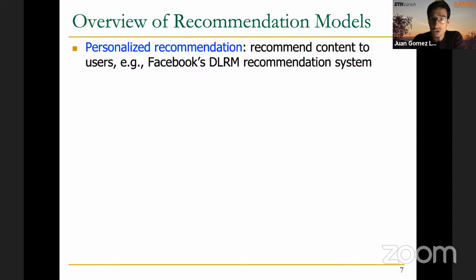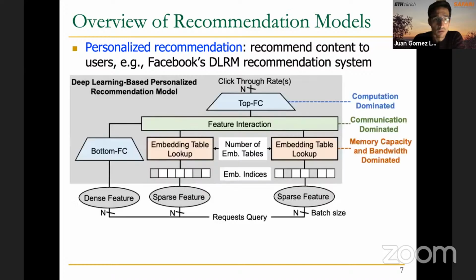As I said, today we focus on this Facebook's DLRM recommendation system, deep learning-based personalized recommendation model. As you can see in this overview here, it has different components, and some of these components have already been diagnosed as computation dominated or communication dominated or memory capacity and bandwidth dominated. As you can imagine, this is where we are going to focus our interest today.